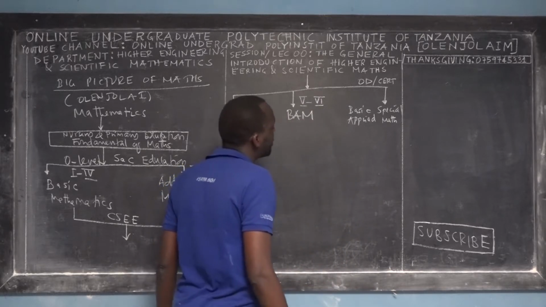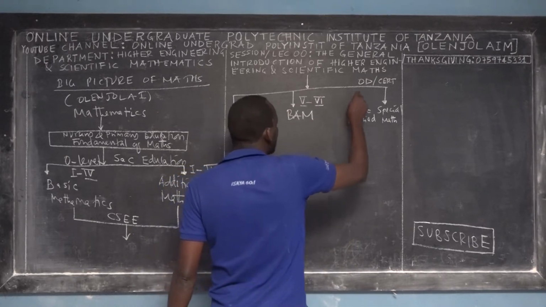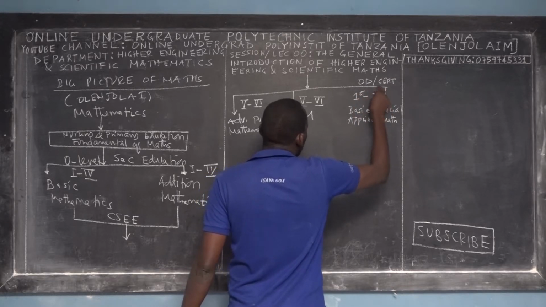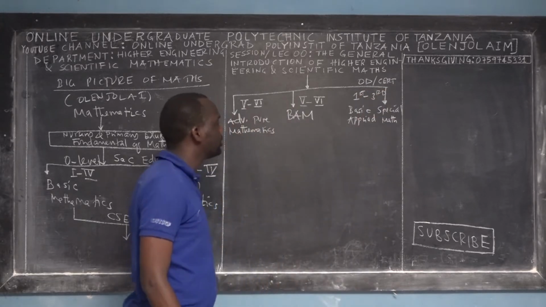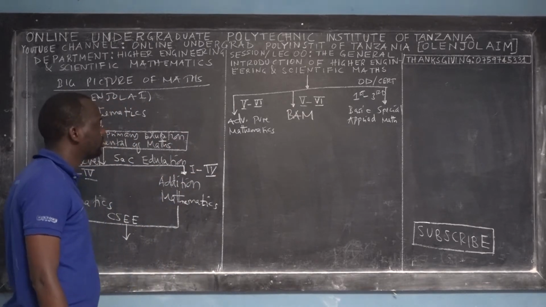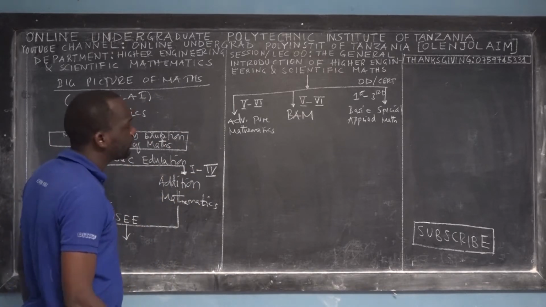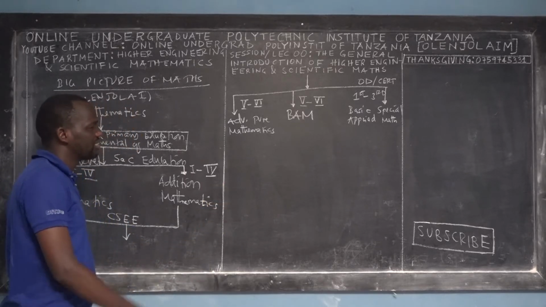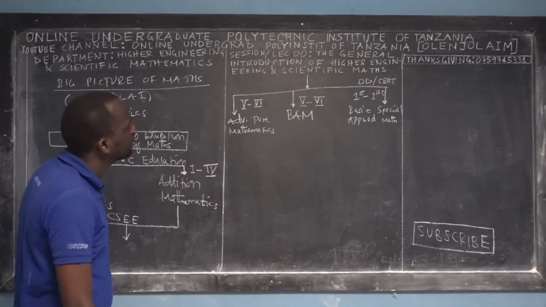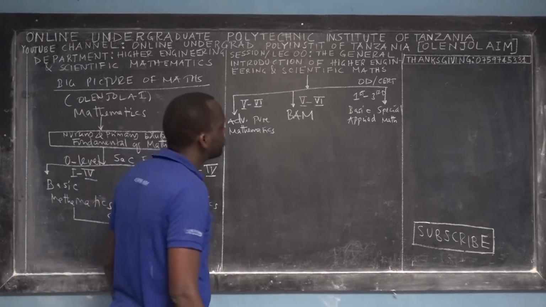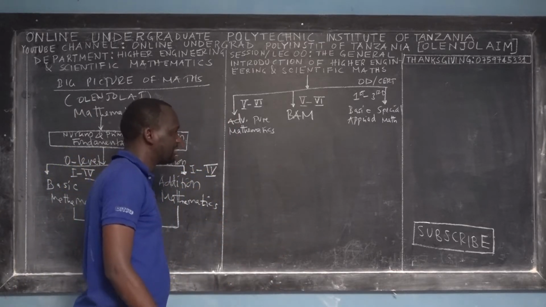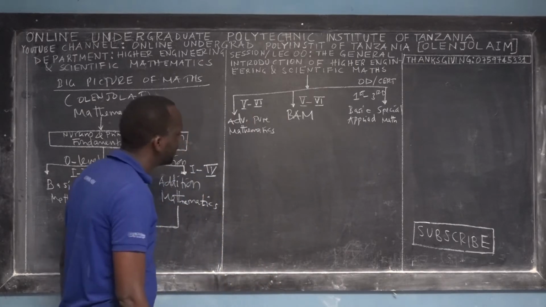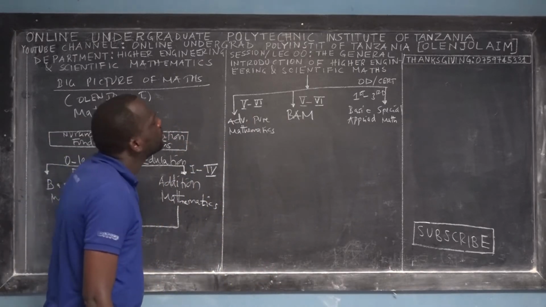Basic applied mathematics runs from the first year to the third year, with 6 modules in total in many institutions. The certificate might be 2 years, but I am focused on the ordinary diploma and special applied mathematics.